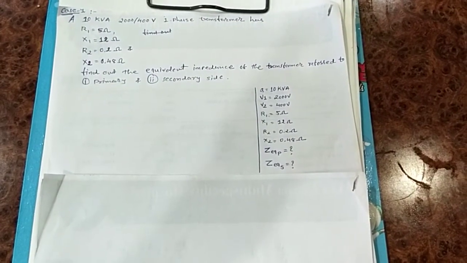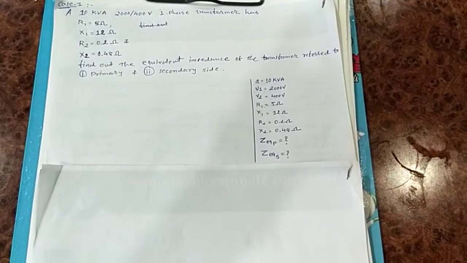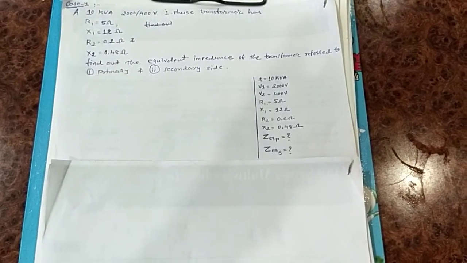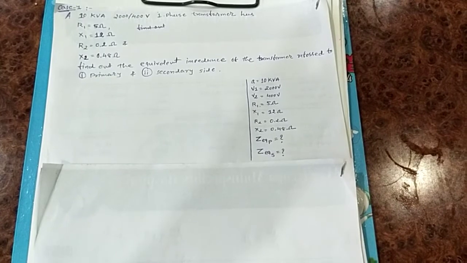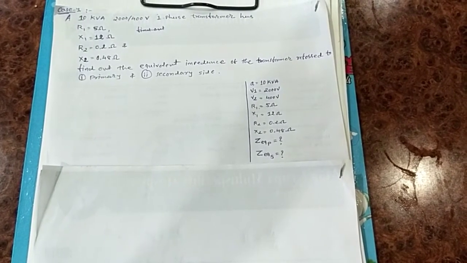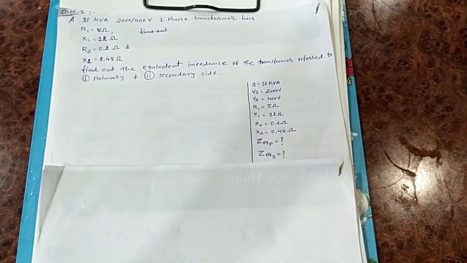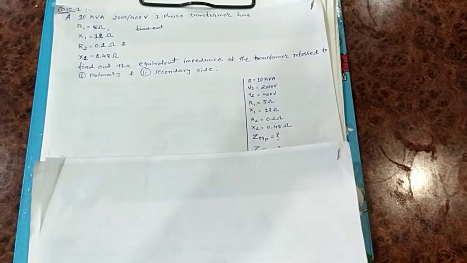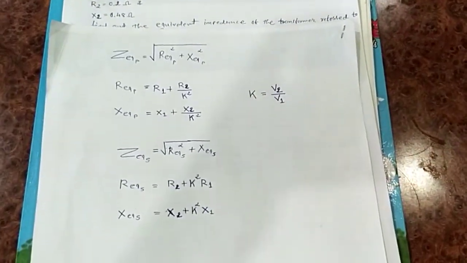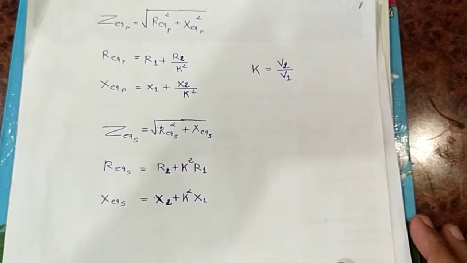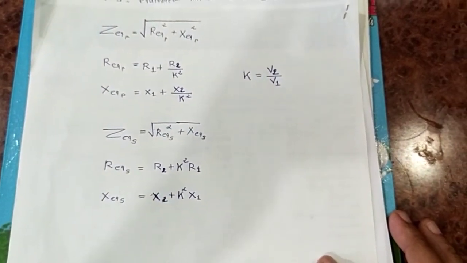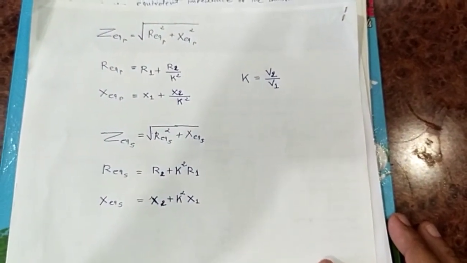For solving this example, we need a few equations to find out the equivalent impedance of primary and secondary. Here are the few equations. The first equation indicates the equivalent impedance of primary.